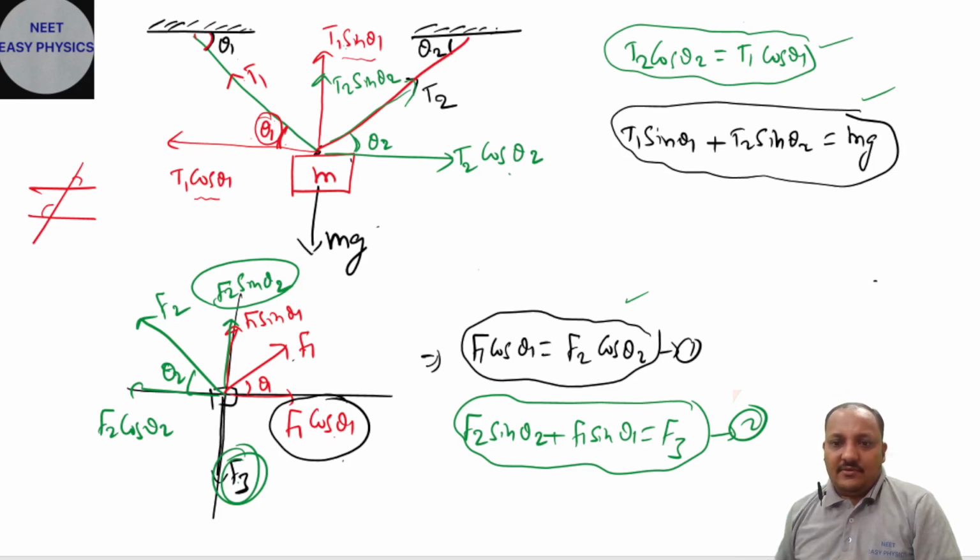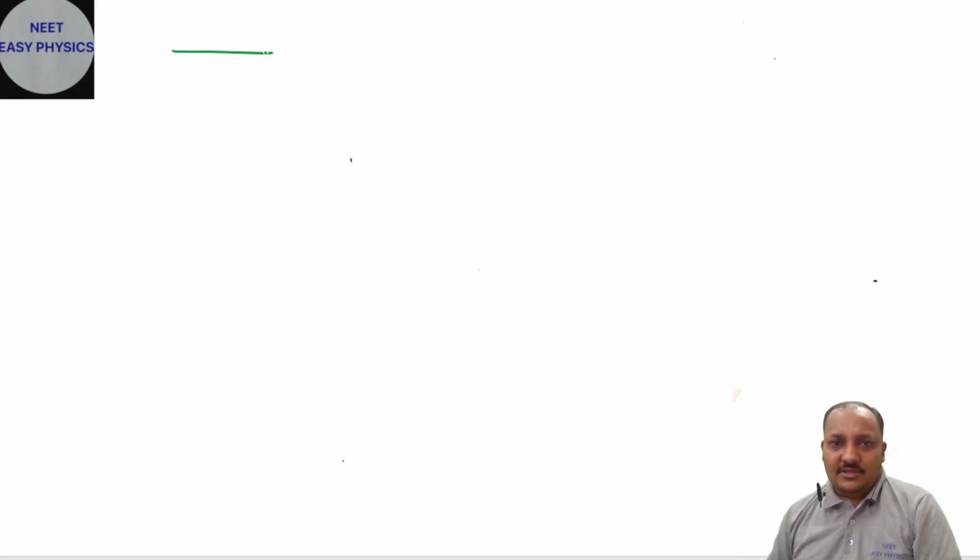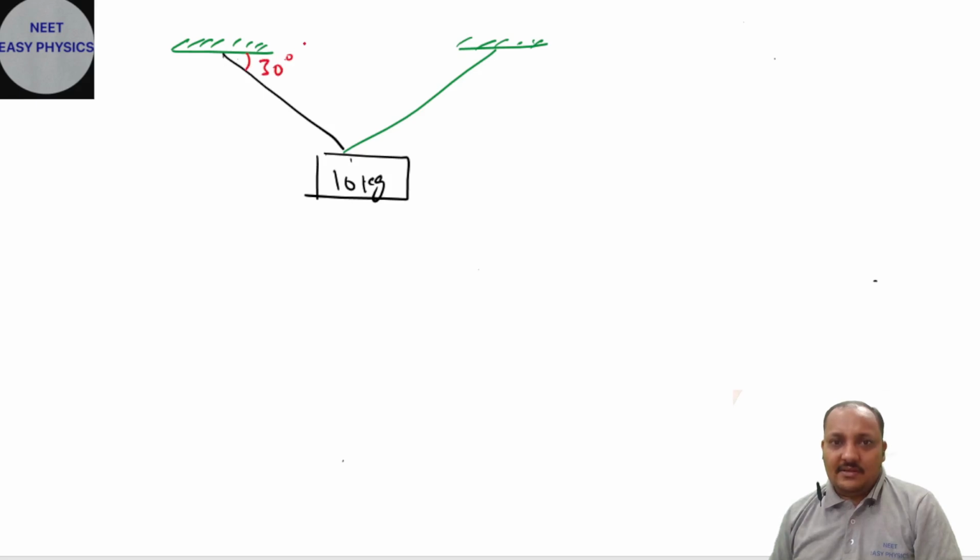Next, if you want to see a simple problem, we will do one problem on this string type. So, this is going to be two strings once again. An object of mass 10 kg is suspended by two different strings making an angle of 30 degrees here, and 60 degrees here.